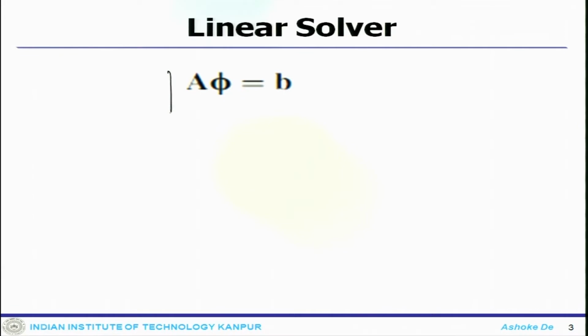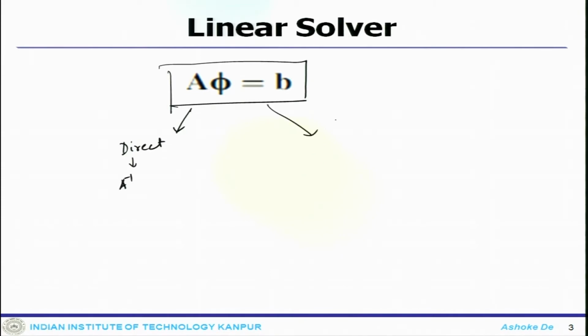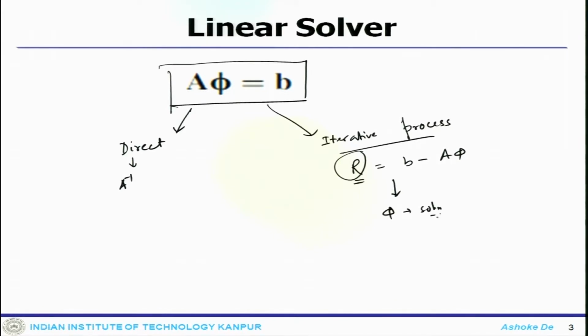So, when you have this big linear system, the one option, as we said, is the direct option where you get the direct A inverse, other option is the iterative process. And what you do in the iterative process is that you get some sort of an error function which is going to be b minus A phi, and try to minimize this error and go close to the solution of phi. So, that is how you get it.